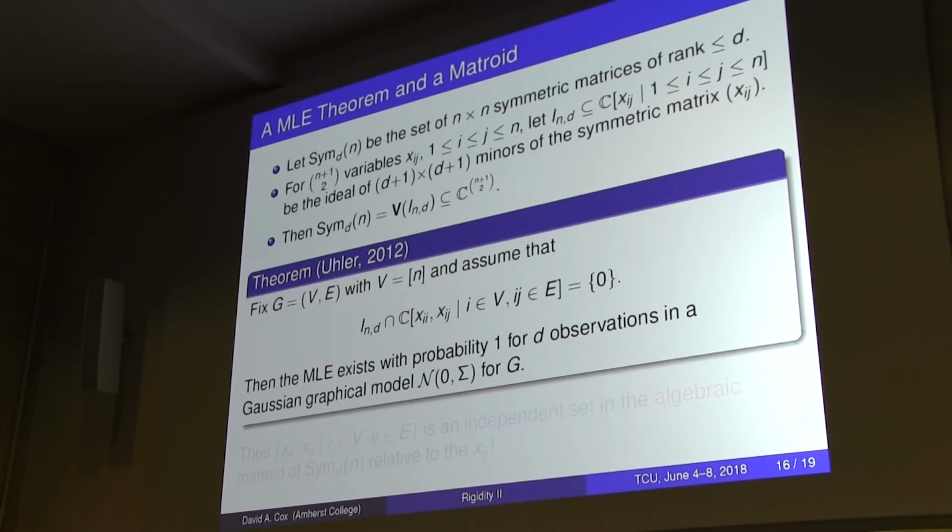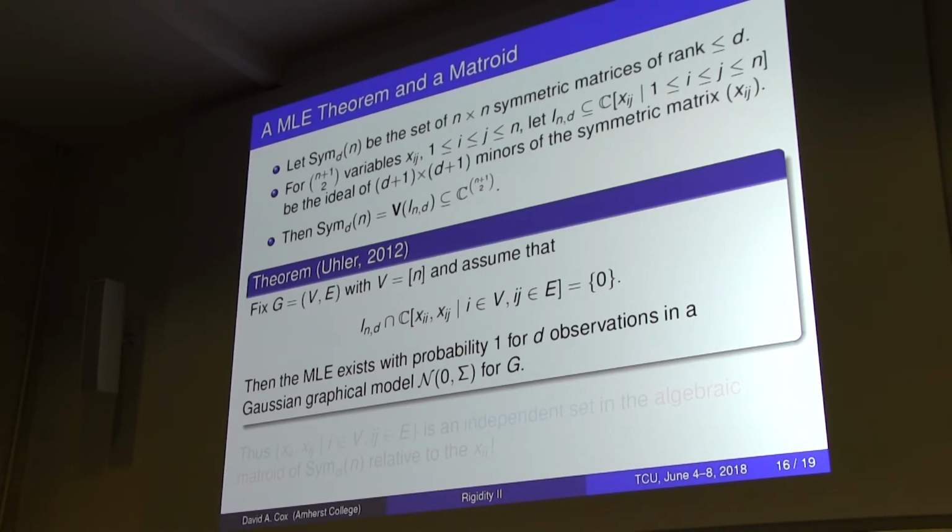Then Carroll proved that the MLE exists with probability 1 when I make D observations for my Gaussian graphical model. The fact that I have both an n and a D is critical, because n is the number of random variables, the number of vertices of the graph, and D is the number of observations.